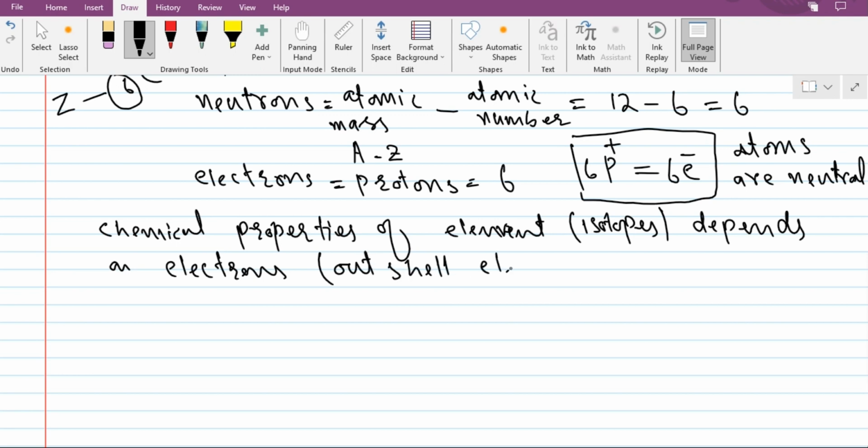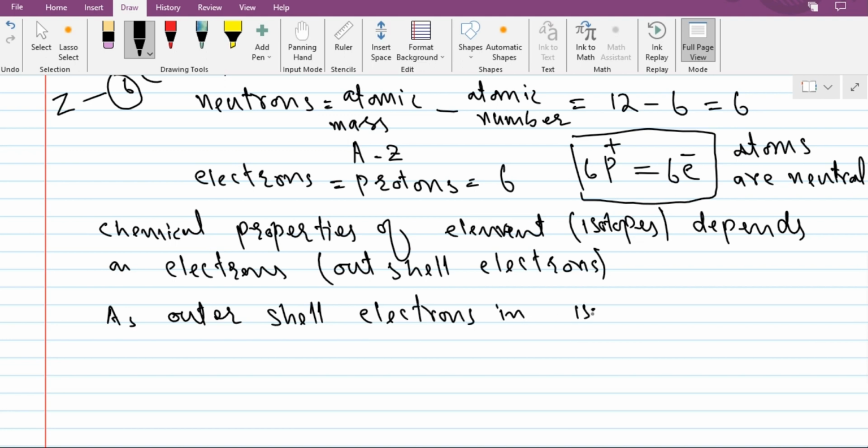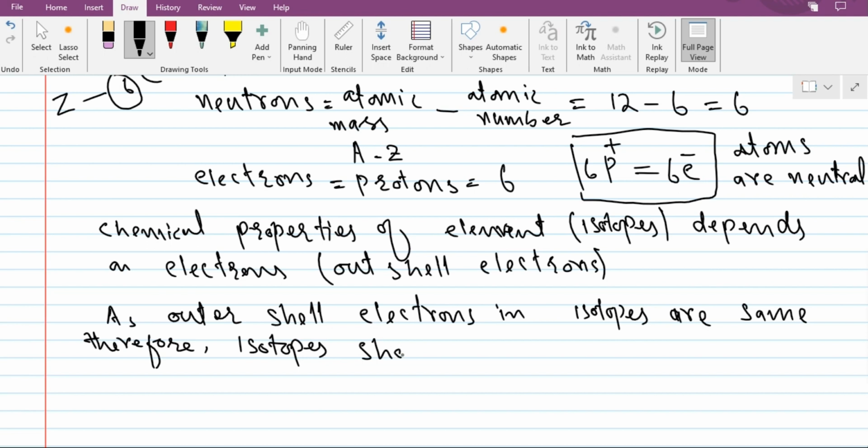As the outer shell electrons in isotopes are the same, therefore isotopes show the same chemical properties.